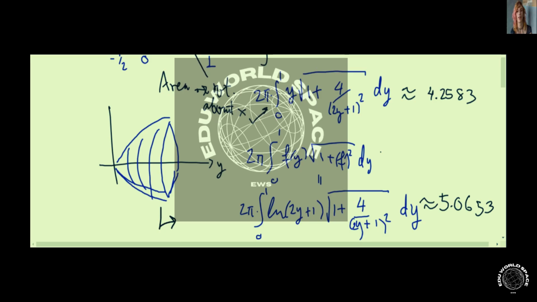So this one is the area by rotating this curve about the y-axis.